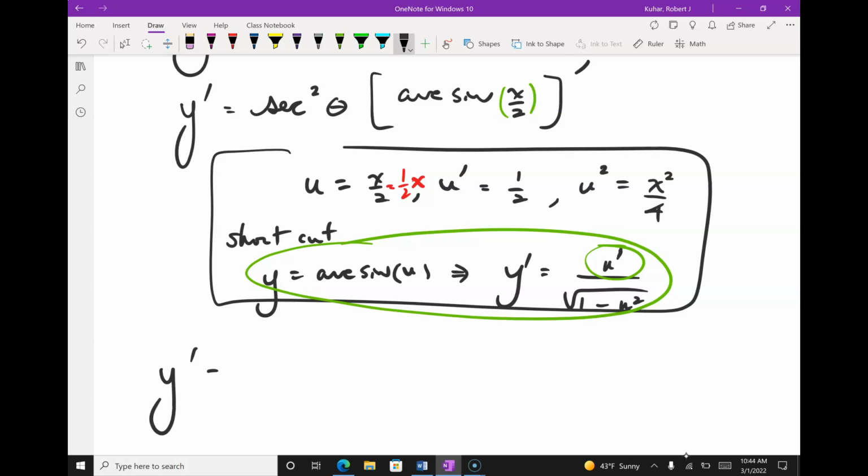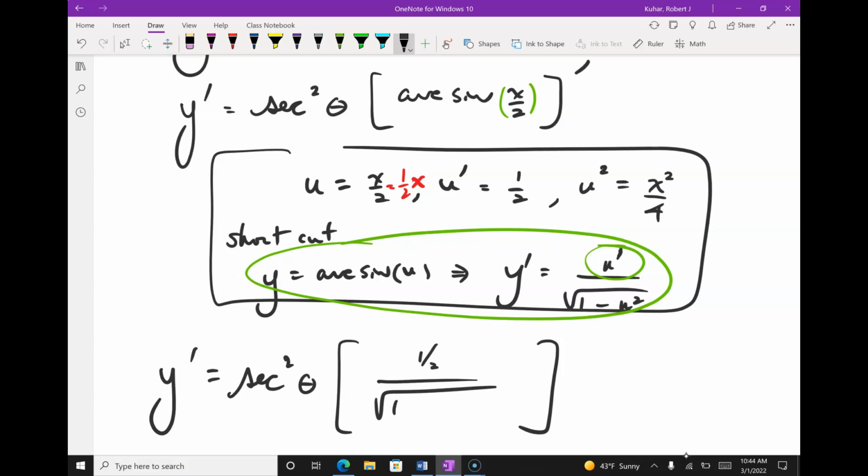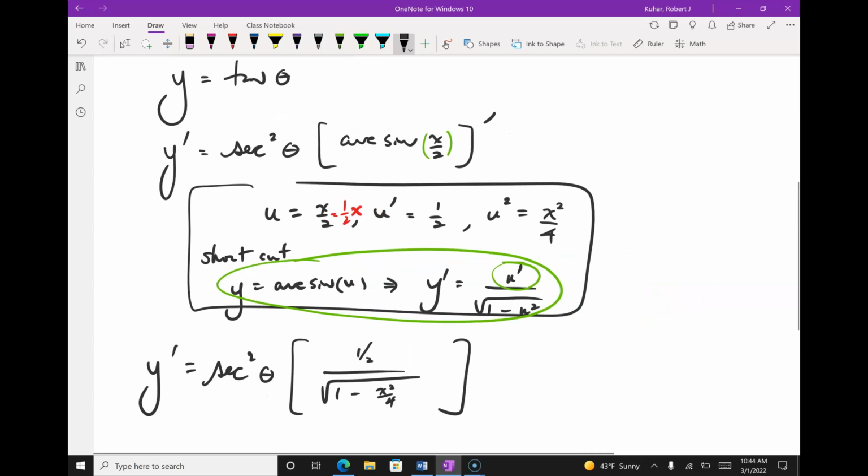y prime is secant squared theta times what I got for the derivative of the inside, which is 1/2 times 1 over the square root of 1 minus x squared over 4. Secant squared theta I can get from my triangle.